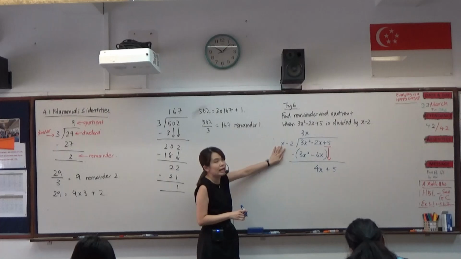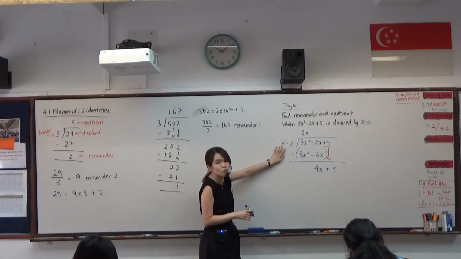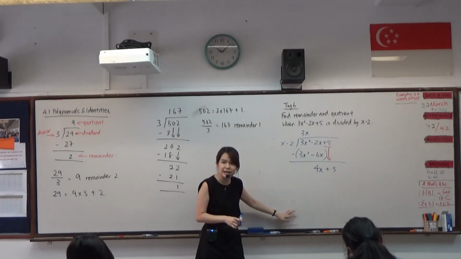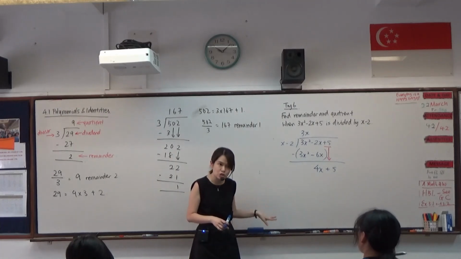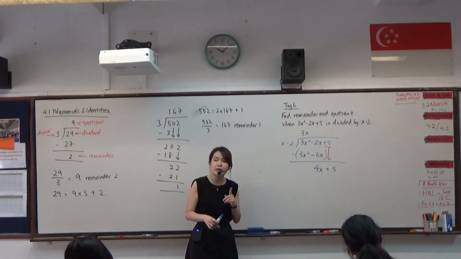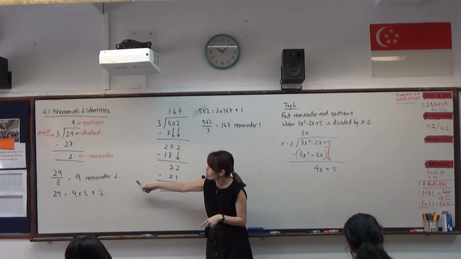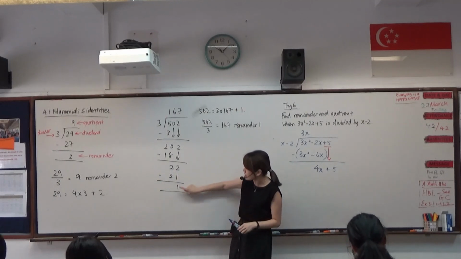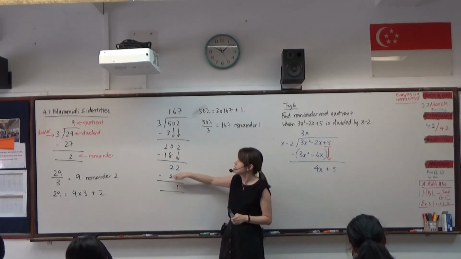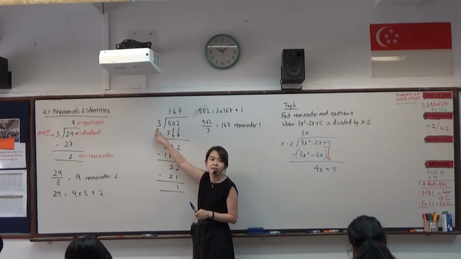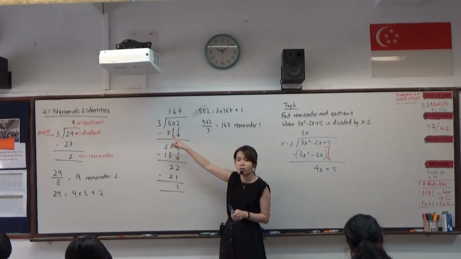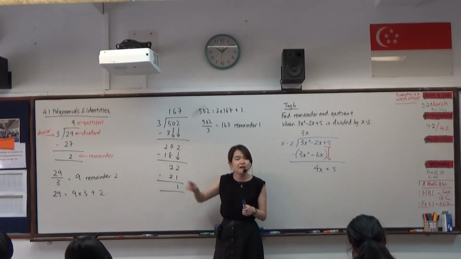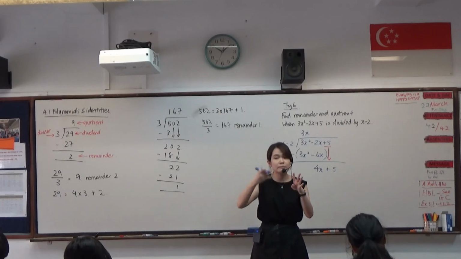I need to look at this divisor again, x minus 2. Can I continue dividing? How do I know when to stop? That's the important thing. Looking at the way we do long division, it is when the number over here becomes smaller than our divisor. Because 1 can no longer be divided by 3. If I have a number 4, I can still remove 3 out.